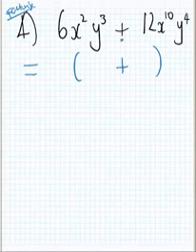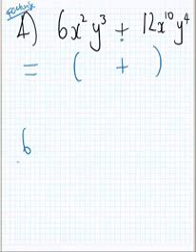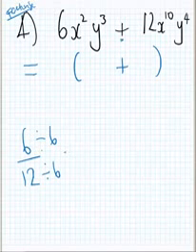And let's go. Starting with my numbers, 6 and 12. If you're still not sure about taking out the number or the highest factor, remember, if you have a fraction 6 over 12, what's the highest factor you can divide it by? Well, in this case, it's not 2, it's actually 6. Because I can divide both by 6, it's the highest factor. 6 divided by 6 is 1, 12 divided by 6 is 2.